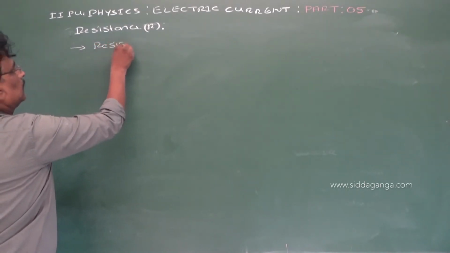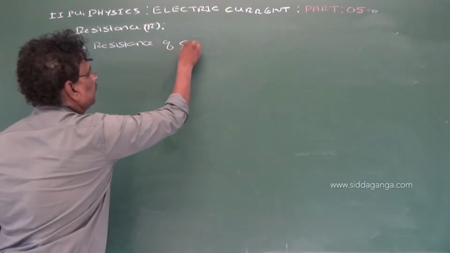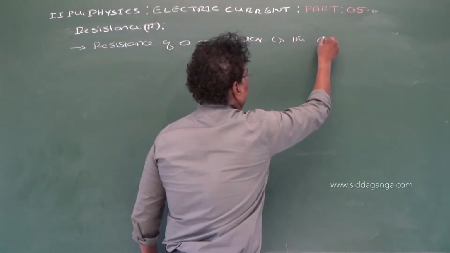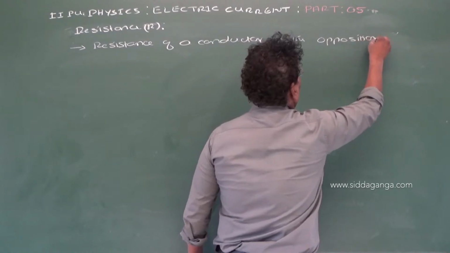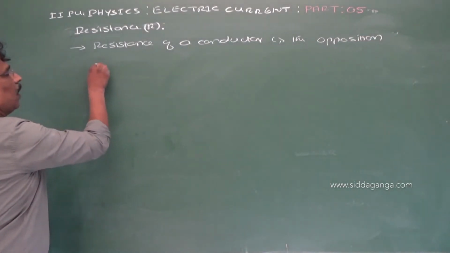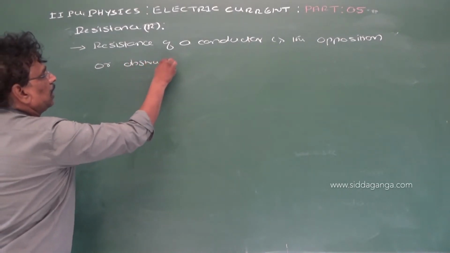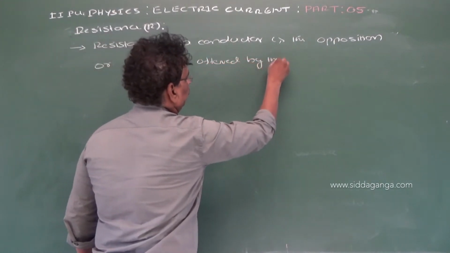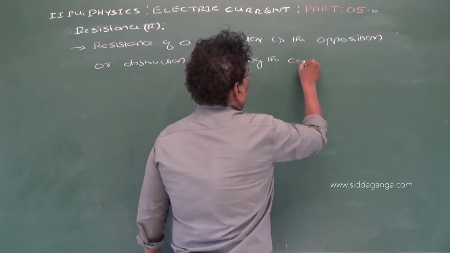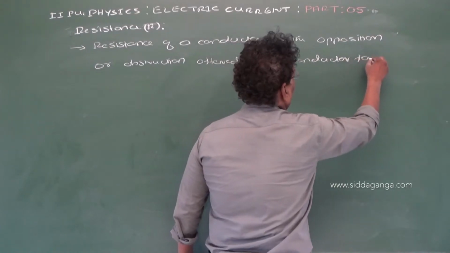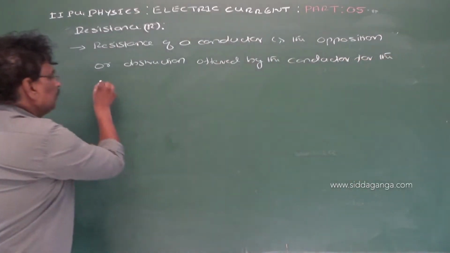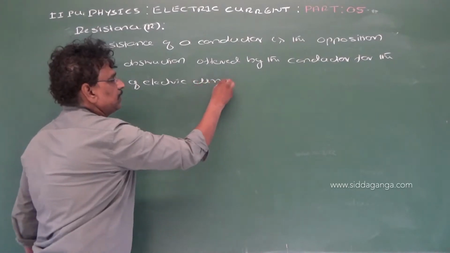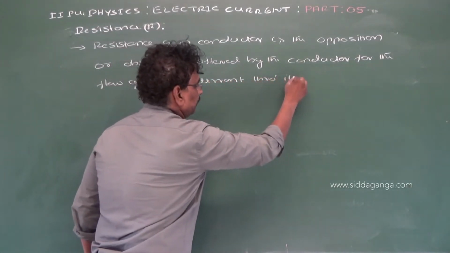Now, resistance of a conductor is the opposition or obstruction offered by the conductor for the flow of electric current through it.